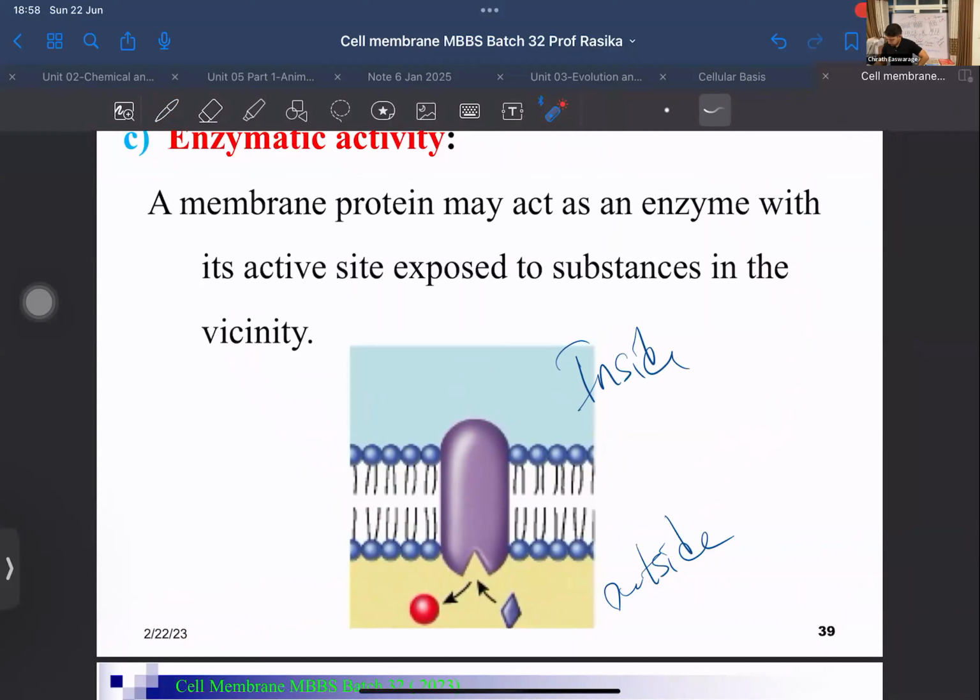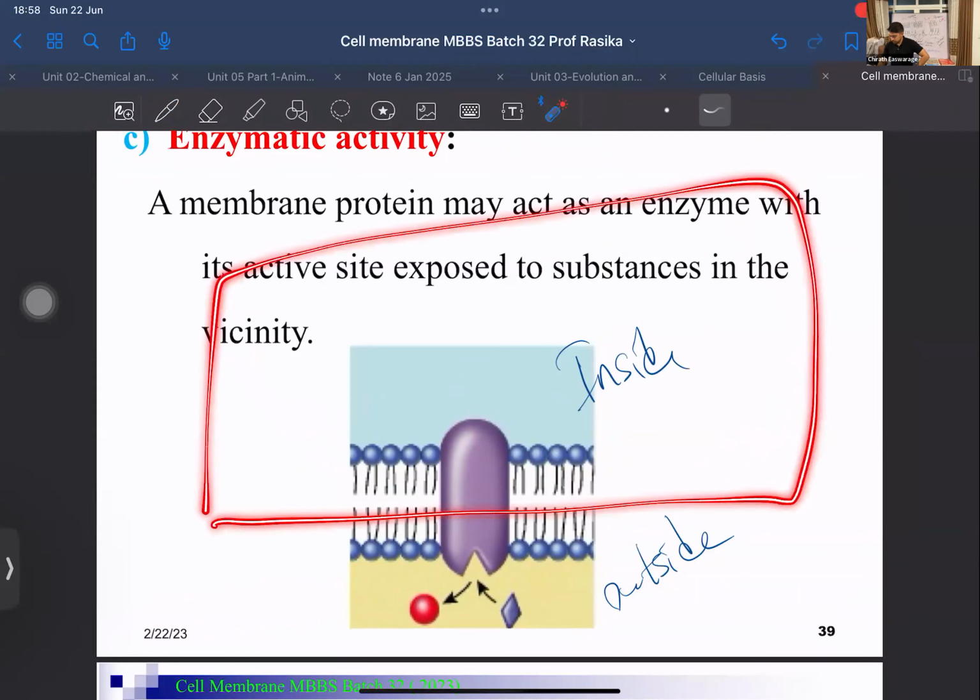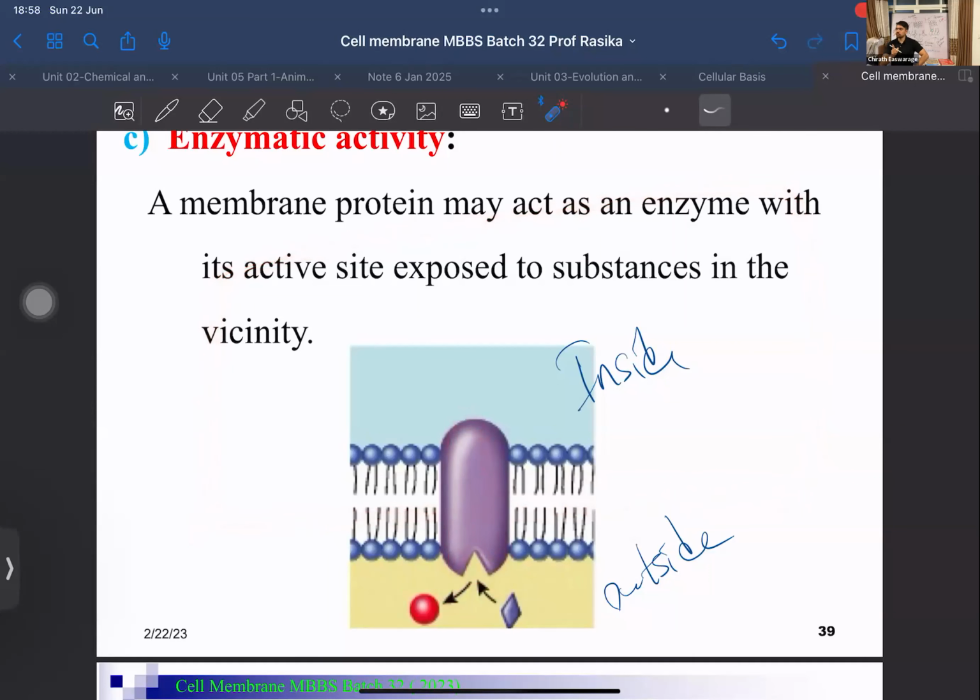So the digestive system cell can have a protein that can act as an enzyme. I told you enzymes are mostly proteins, right? Anybody who remembers? Yeah, enzymes are mostly proteins. I hope you remember. Just a brain teaser: what structure of proteins acts as enzymes?